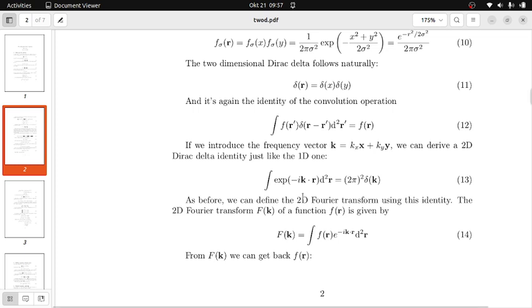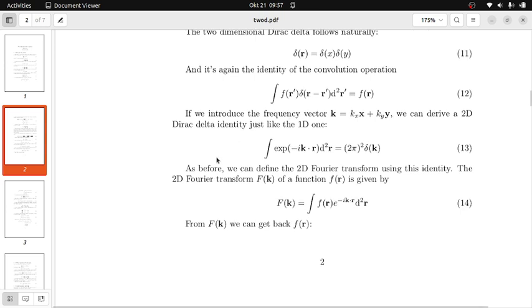Again, vector calculus. d squared r equals (2 pi) squared delta(k). And again, you can break this up into 1D integrals, evaluate them, and package them all together, right? This is just notation.